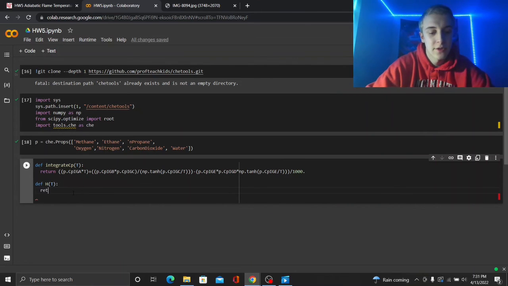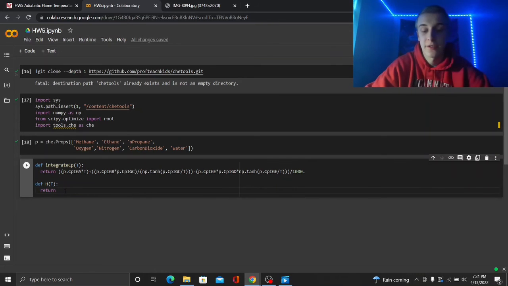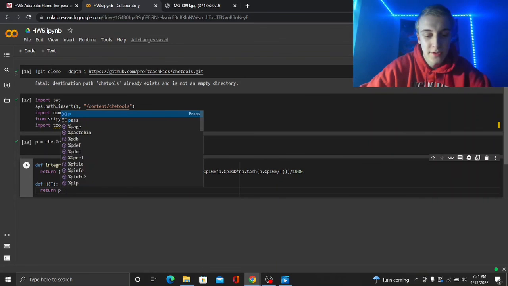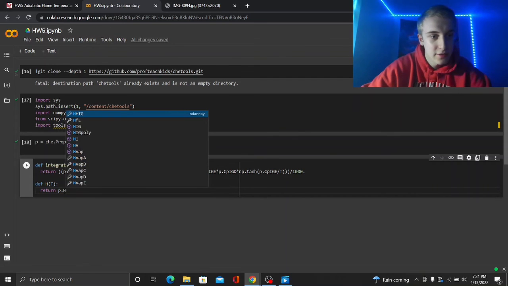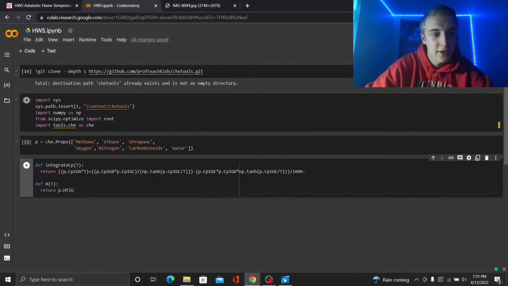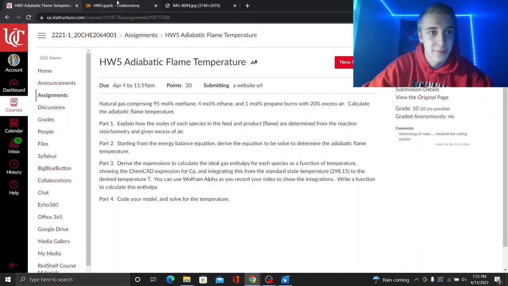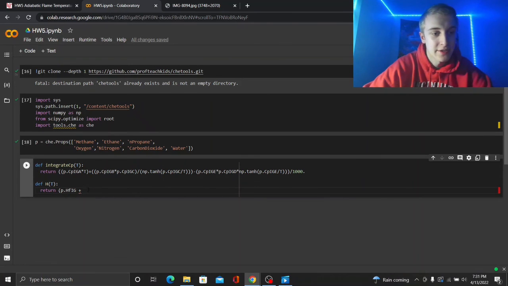And what we are going to want to return, or how we're going to calculate the enthalpy, is the heat of formation of an ideal gas. So that's right here, plus, and what I said in the problem is we will be integrating from the standard temperature to the desired temperature. So we're going to be calling our integrate function from above.